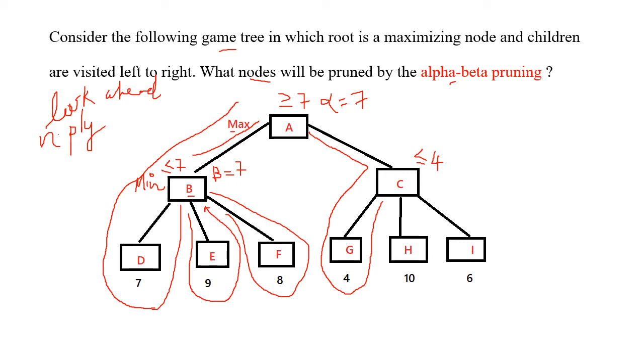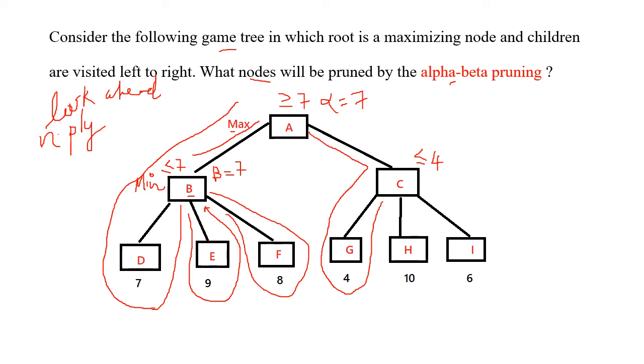A already got a path with cost 7. Now A never takes a path which is worse than 7. Going through C gives a value of maximum 4. That means C can give a value less than or equal to 4. So there is no chance of A selecting the turn C.